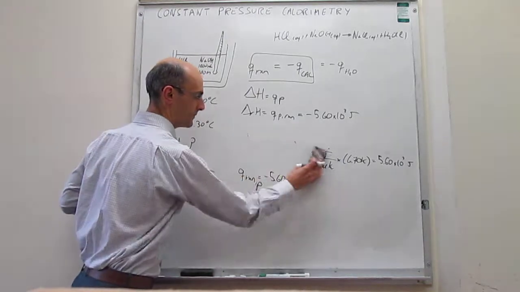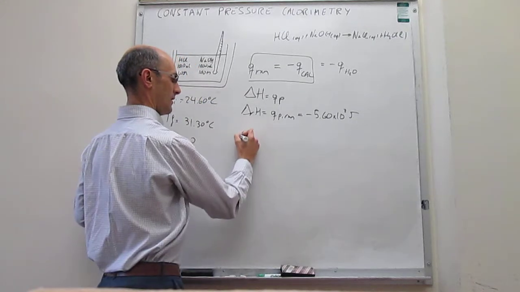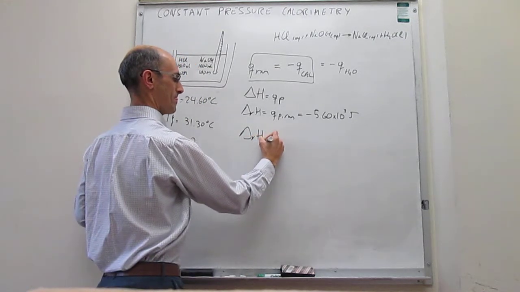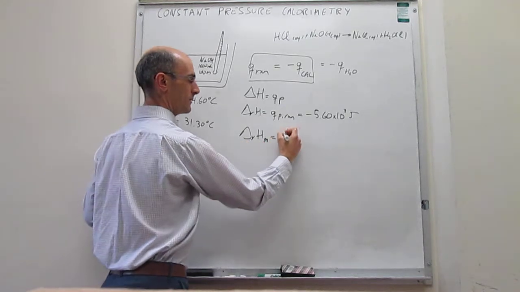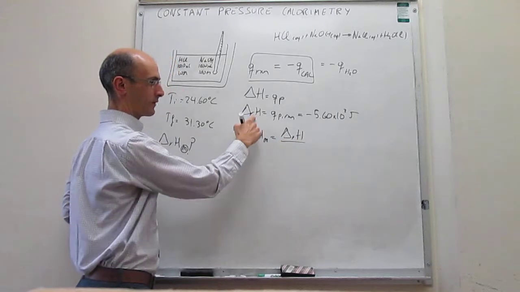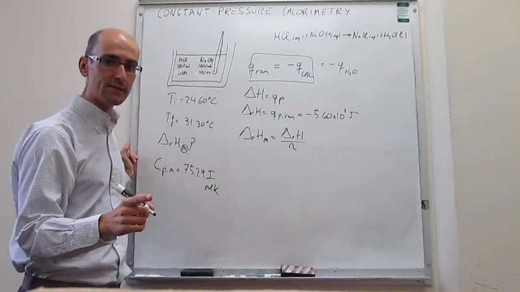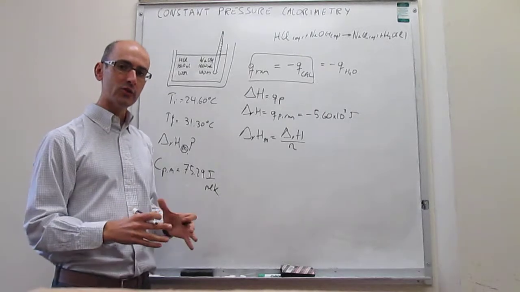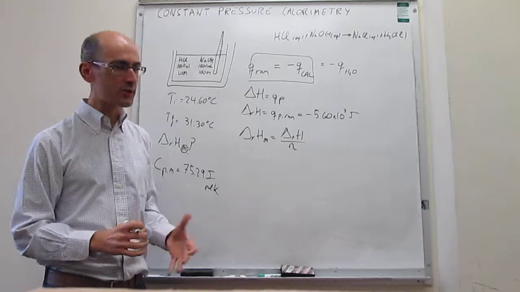So the way to do that is simply to proceed as follows. The molar change in enthalpy of the reaction will be the change in the enthalpy of the reaction that we have calculated here divided by the number of moles of the reaction, and this is important. Now we're looking at the reaction, we're no longer looking at the water. So this will be the moles of the reaction.